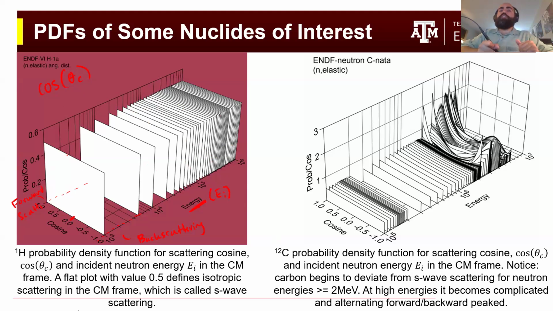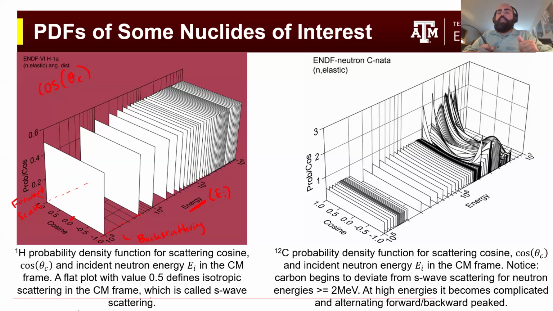So this first one is for hydrogen, and notice that the plot is flat for every single neutron energy. What that basically shows is that in the center of mass frame, hydrogen is an isotropic scatterer. There's an equal probability that this resulting angle could be anything between 0 and 180 degrees.